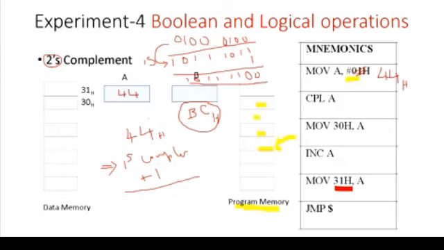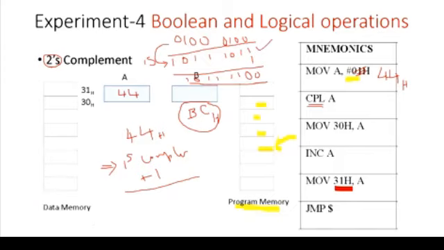Just before, in the previous experiment, we have seen that CPL is the instruction for complementing, or taking the 1's complement. You know what is 1's complement, right? The complement of the particular number is done here. For 1's complement, you are using this CPL A instruction so that it will complement the number.